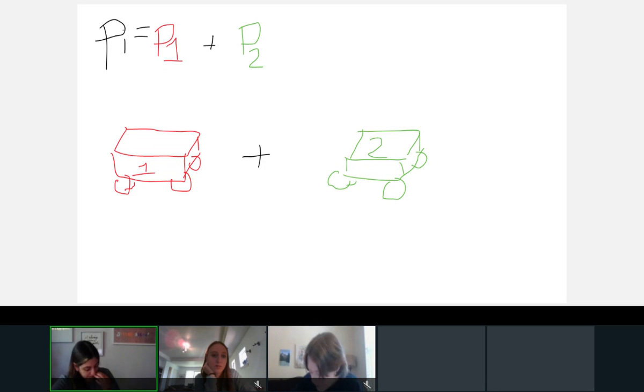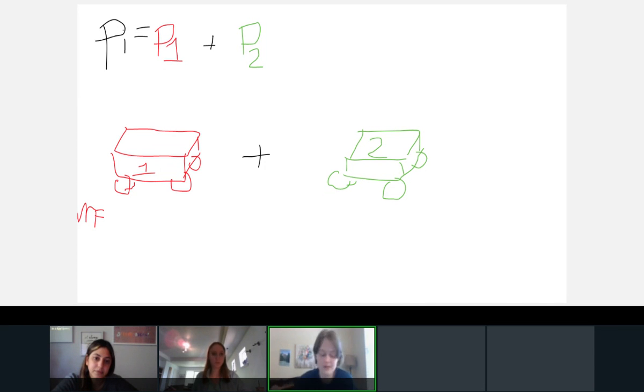Now, this is where we need to take into consideration some of the information that we were given. Do you guys have the problem open on your page? Okay, so what did they say the mass was for wagon 1? 0.80 kilograms. Good.